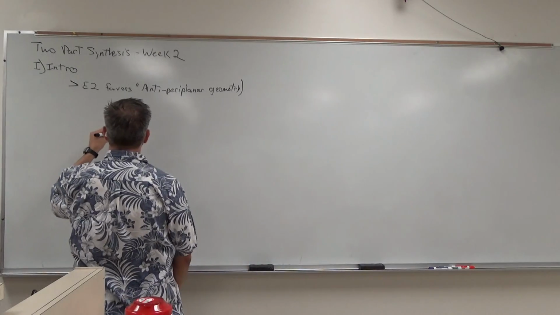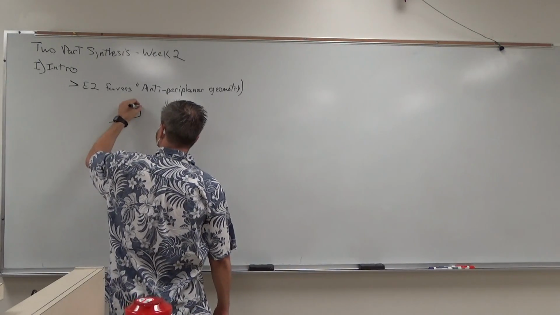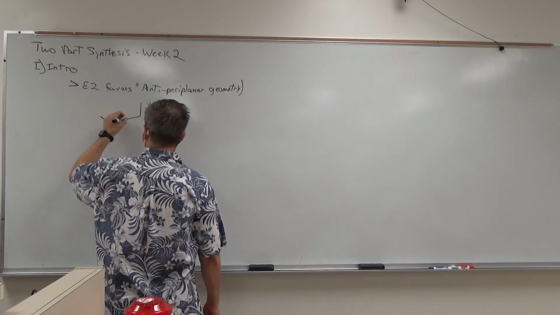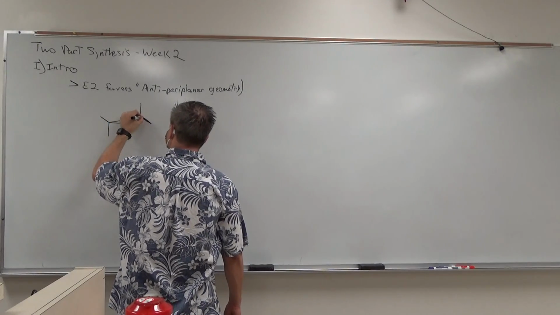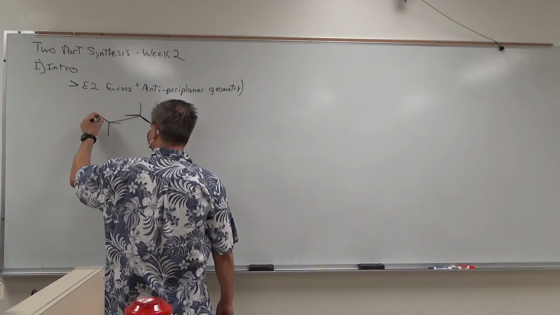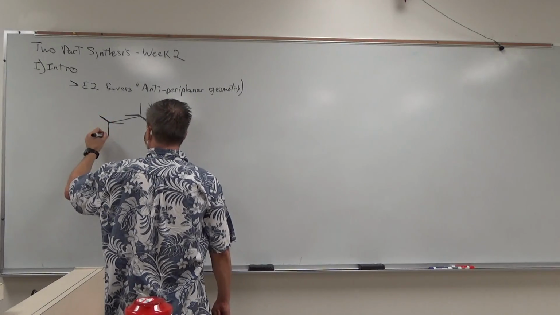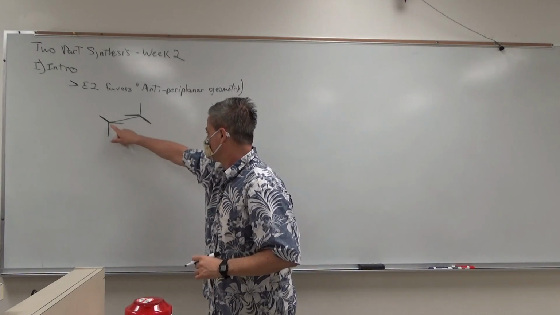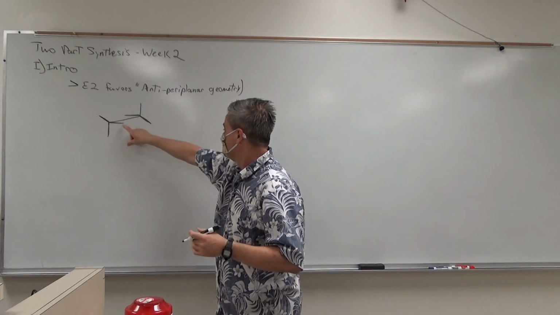This is a way of drawing you probably haven't even seen yet. Organic chemists have all ways of drawing stuff. This is called a sawhorse projection. There's nothing fancy about it. Just try in your mind's eye, that's a tetrahedral center. I'm trying to depict the tetrahedral center.